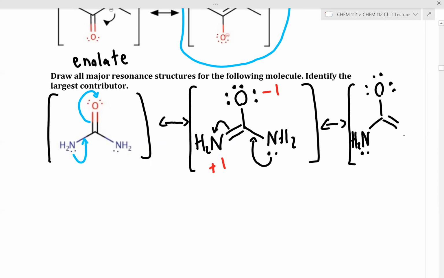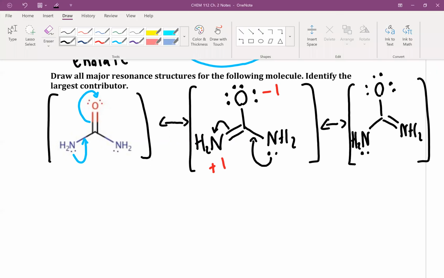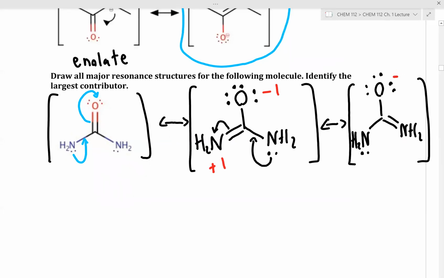Okay, so now if we compare these two major structures, is there any difference in terms of their contribution to their overall resonance hybrid? Any major difference that you see? No. So these two resonance structures are equal contributors.